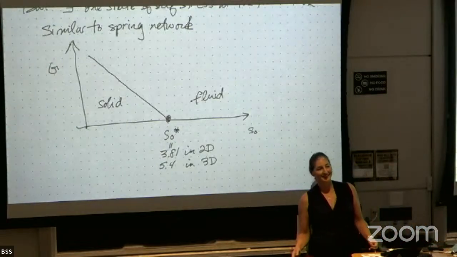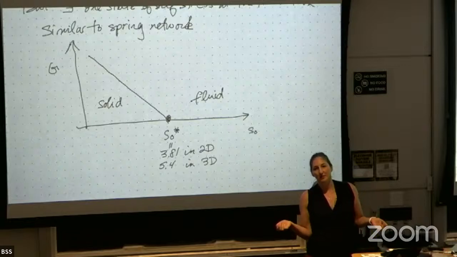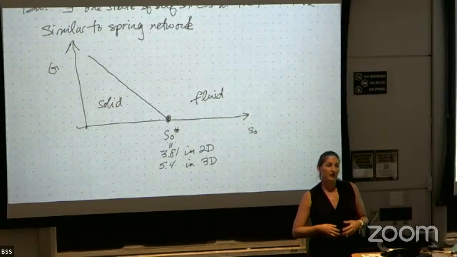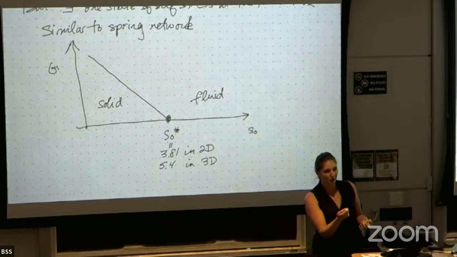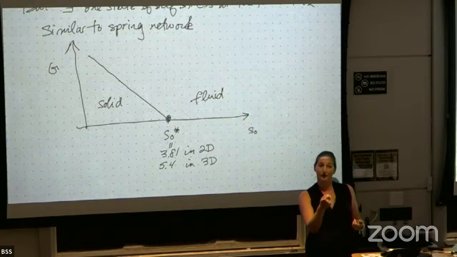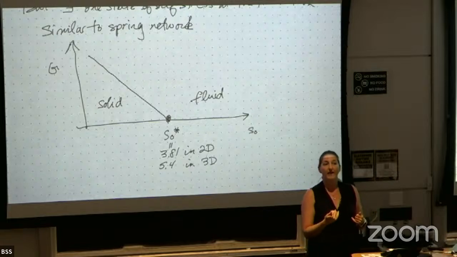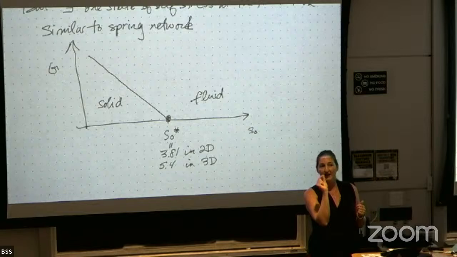So sorry, everyone. Maybe some of you are familiar with the jamming transition. It turns out that there's actually a range of densities at which the jamming transition happens, not just one number. And there's some really interesting and subtle physics as to why there's a range over which a transition happens in a control parameter. And the same thing happens here. Actually, there's a range of S naughts over which the transition happens, and it actually depends on the disorder in the packing.